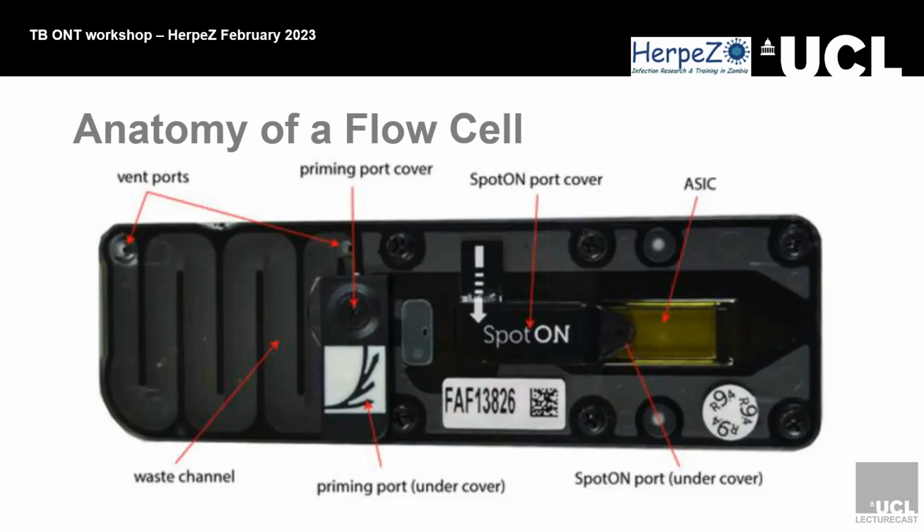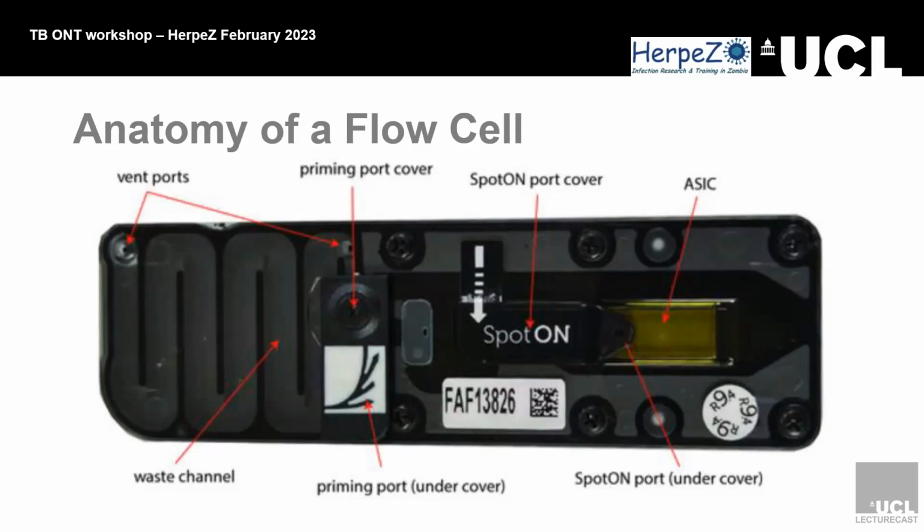You can also reuse the flow cell. If you're doing, for example, TB, which has a huge genome, usually you can only use the flow cell once if you're going to get all the data that you need. But if you're doing a virus, which usually has very small genomes, you can reuse the flow cell.